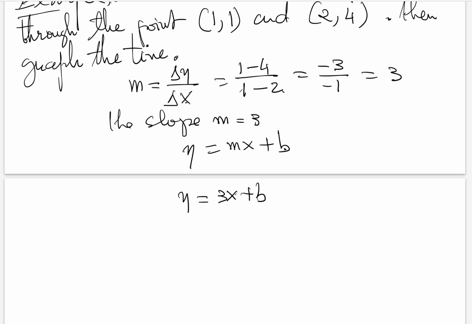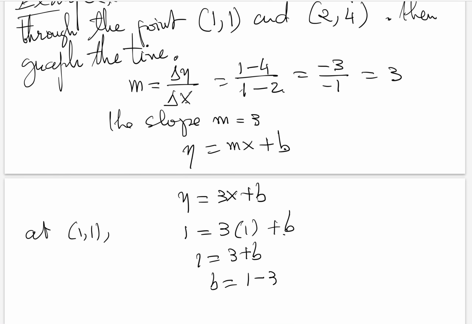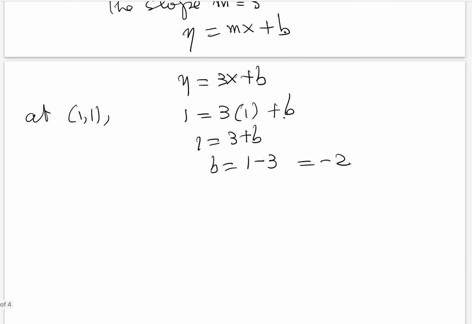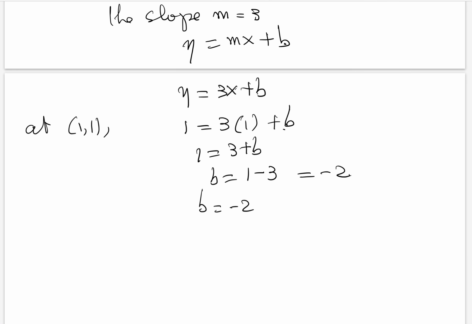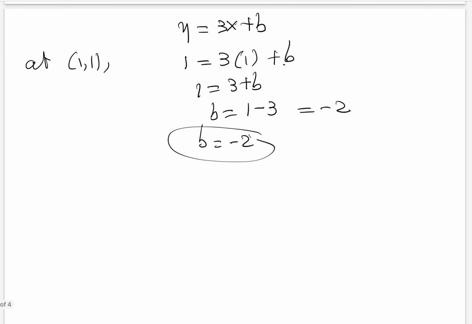Let's choose (1, 1). So at the point (1, 1), x is 1, y is 1. 3 times 1 plus b, and now find the b. Now you have 1 is equal to 3 plus b. b is equal to 1 minus 3, which is negative 2. So that means b is equal to negative 2, and that's it. Got it? And now you can write down the slope-intercept form, okay?